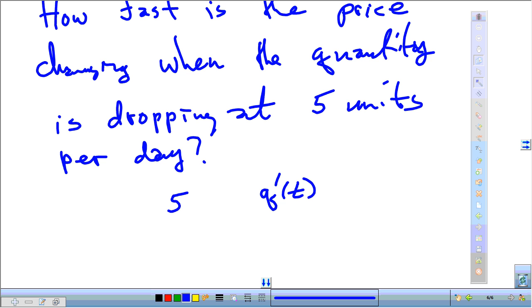How is it changing? A change of quantity per amount of time. And it said it was dropping, so the change is actually negative. So that's the part here. Quantity dropping at 5 units per day is actually a rate. How fast does it change in time?